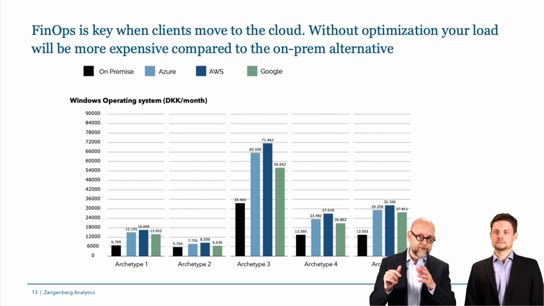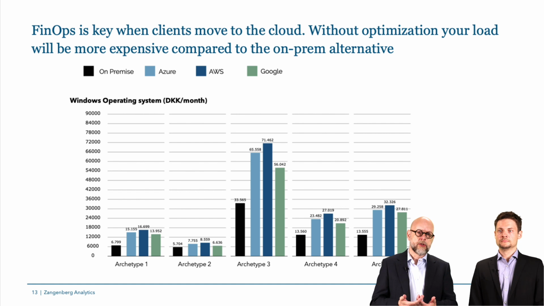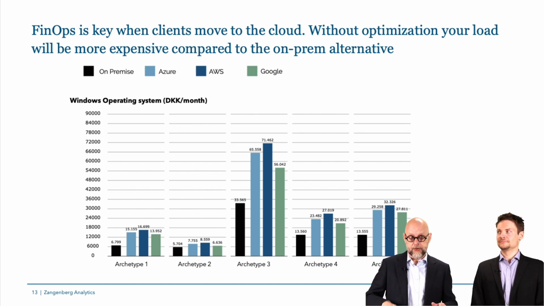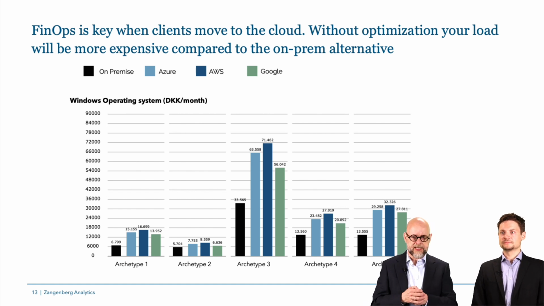And then you have the 3 colored bars. That is when we translate the consumption pattern into the best fit in Azure, AWS, and Google, but with no optimization at all. Nothing. So we just do a one-to-one move of the capacity.